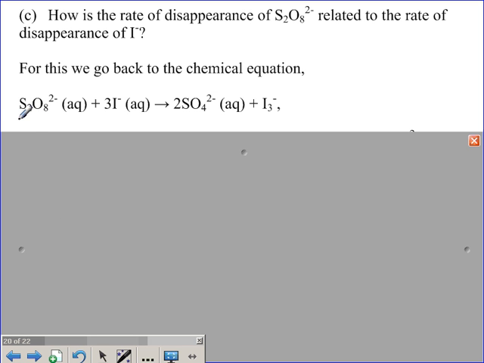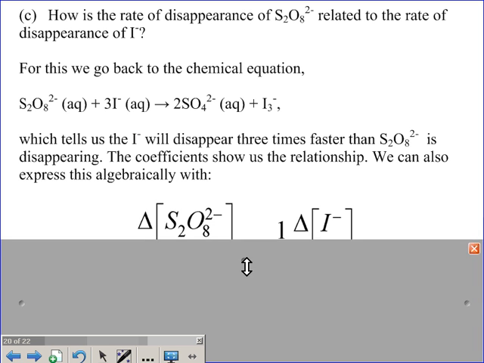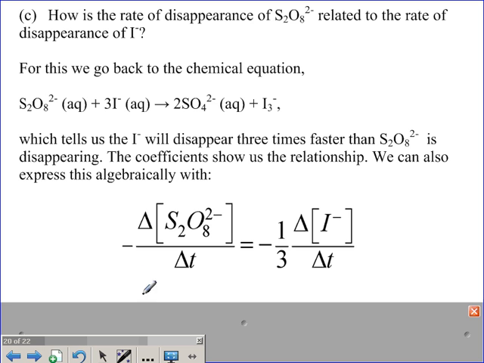And the chemical equation tells us that for every one peroxydisulfate that disappears, three iodides disappear. You can also say that for every one of these that disappear, two of these show up, two sulfate ions, and one of those show up. But we're being asked about just these two right here. So, using the coefficients, we can tell that the iodide disappears 3 times faster than the S2O8 2- disappears, and algebraically, we could show it this way.